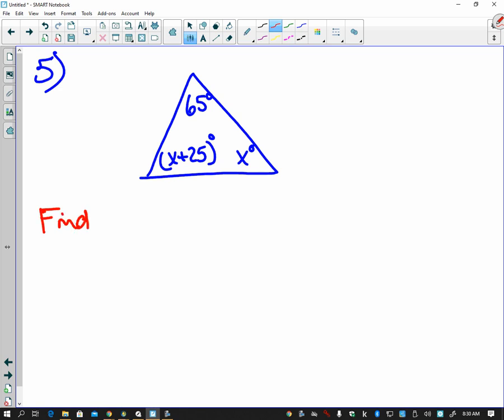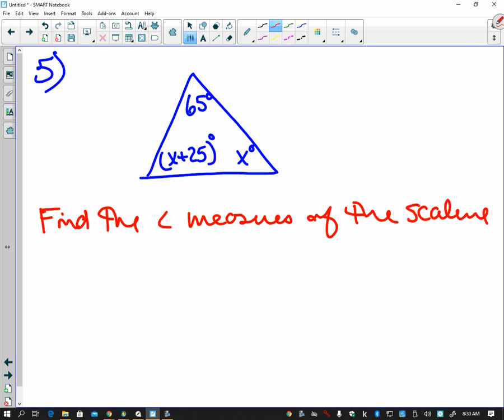Find the angle measures of the scalene triangle. All right, so there's one big hint here, and that is my answer is not simply the solution for x.